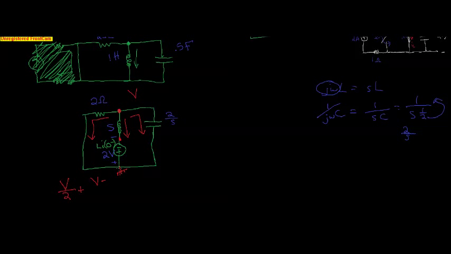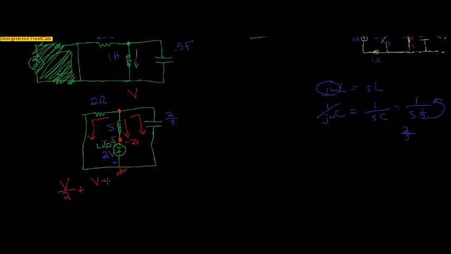If this is the positive side of the 2 volts and this is 0, the other side has to be negative 2 volts, because a 2 volt rise from negative 2 would bring you to 0.